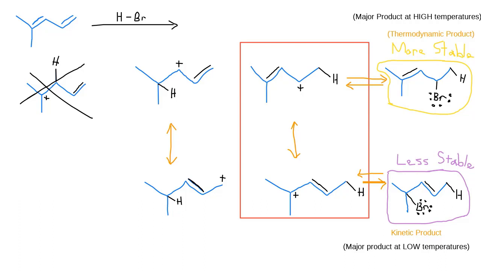Thank you. And just as a side note, the key takeaway from this is whenever you're doing an addition reaction of HBr with a diene like this, make sure that you put the carbocation in a position where it can resonate. For example, the two positions that you could not add the hydrogen to would be this one. Can't add the hydrogen there because then the carbocation would be stuck at a primary position and it would not be able to resonate.